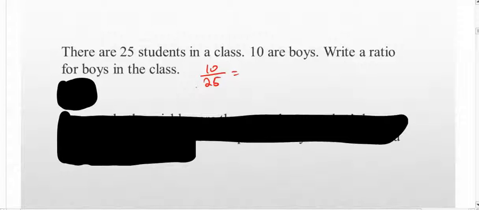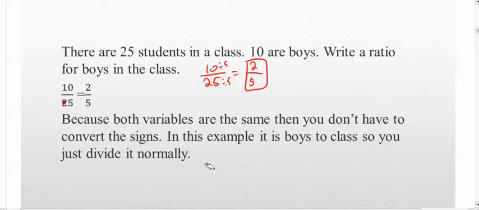I'm going to use divided by 5. 10 divided by 5 equals 2, and 25 divided by 5 is 5. So 2/5 would be the ratio of this problem. Because both quantities are the same type, you don't have to convert units. In this example, it is boys to class, so you just divide normally. That was a simple problem.